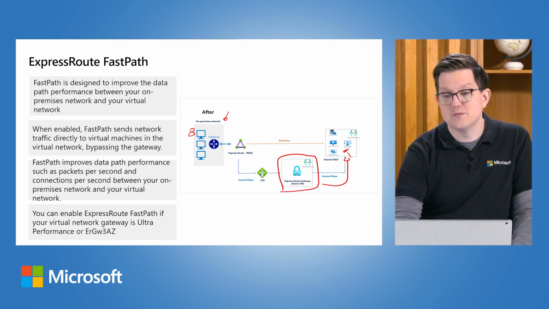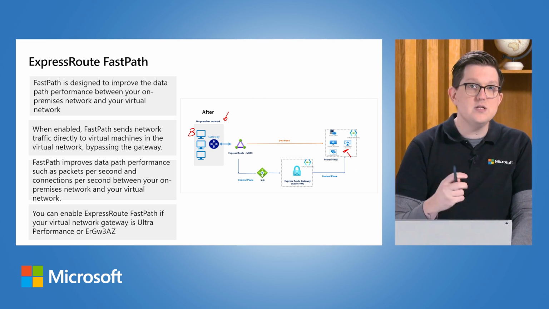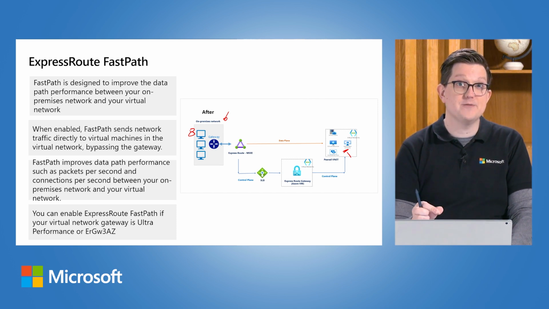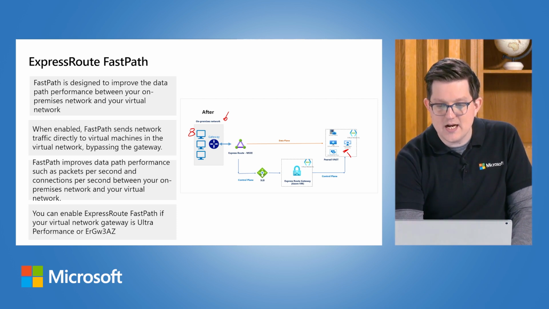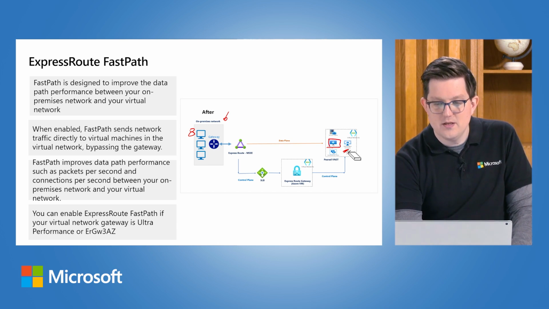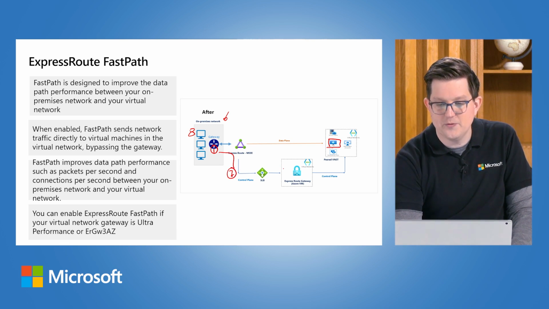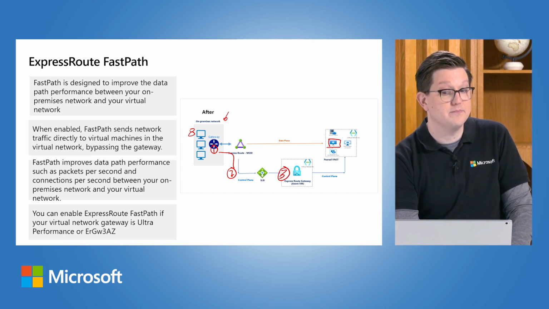What FastPath supports is the ability to use this control plane purely for initial establishment of the connection. So let's say I am connecting in through to this virtual machine in the middle. The pathway will go as follows. 1, leave the on-premises gateway. 2, traverse across the environment until 3, I hit my ExpressRoute gateway in Azure.